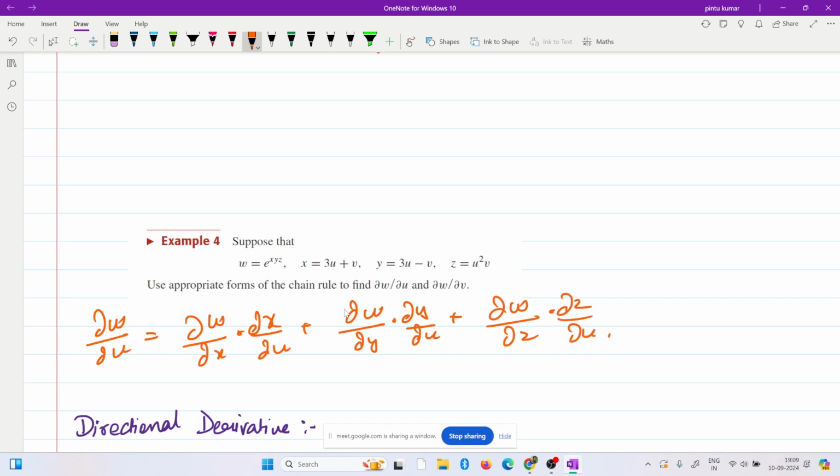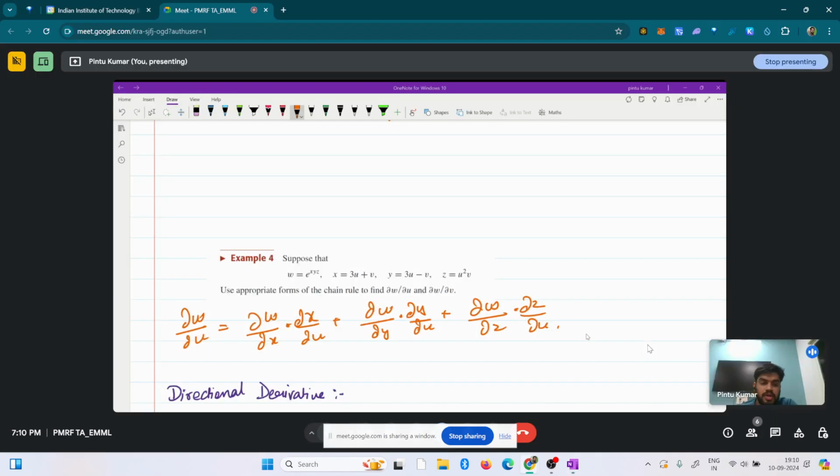Okay. And you can calculate these values and replace the value. Okay. Any doubt till this point? If you have any doubt, you can please ask. Okay.